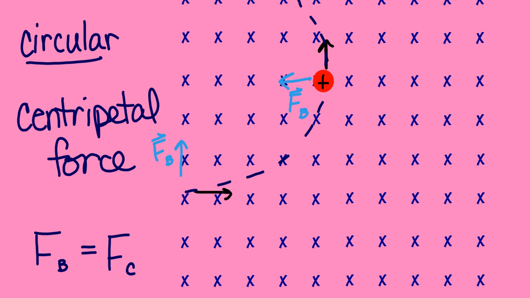We can also find how much time it takes this particle to complete a full circle, otherwise known as the period of the motion. Sometimes we might be given the radius of the path and information about the magnetic field and need to find the velocity of the particle. All of these calculations really focus on the fact that the magnetic force is equal in magnitude to the centripetal force in this scenario.